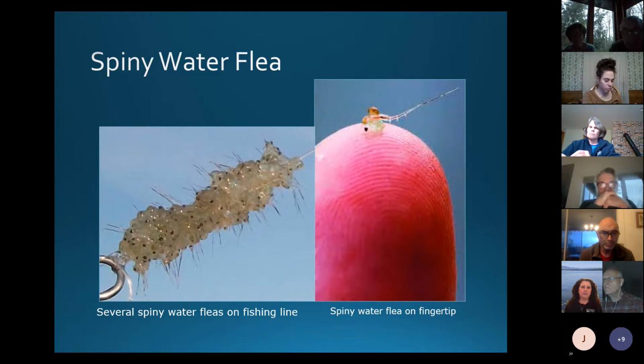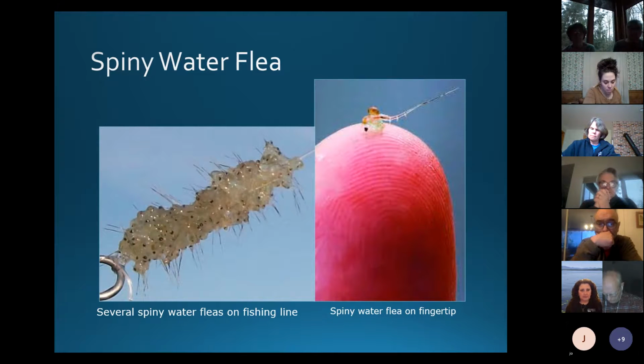The spiny water flea is similar, except it has a spine, this really big long tail. And this is made out of silica. So when fish go to eat this, that silica or that glass tail gets stuck in the digestive tract of the fish. So they have a really hard time getting the protein and nutrition and other things that they need because of all of this material stuck in their digestive tract.